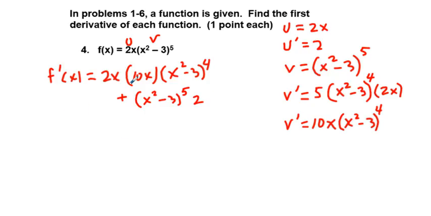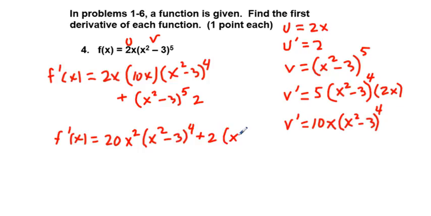And so simplifying all this out, we're going to have f prime of x is equal to 2x times 10x, which is 20x squared, times quantity x squared minus 3 to the 4th power, plus 2 up front, quantity x squared minus 3 to the 5th power.